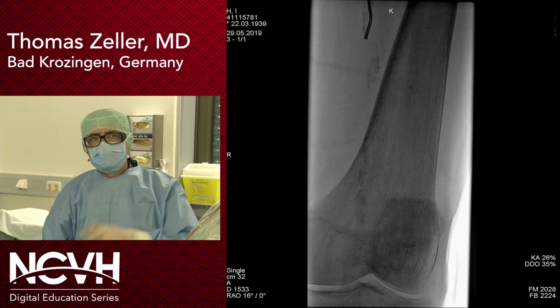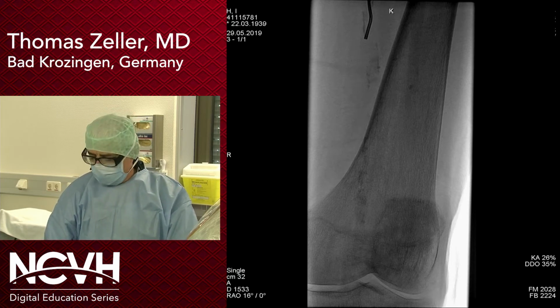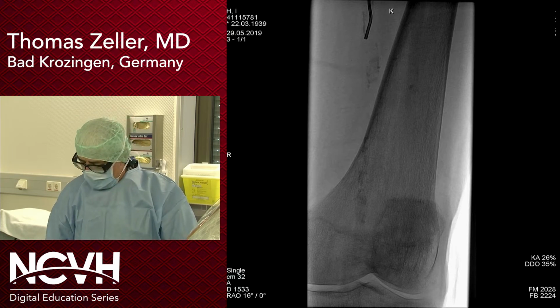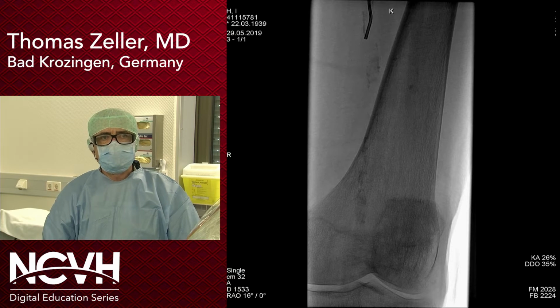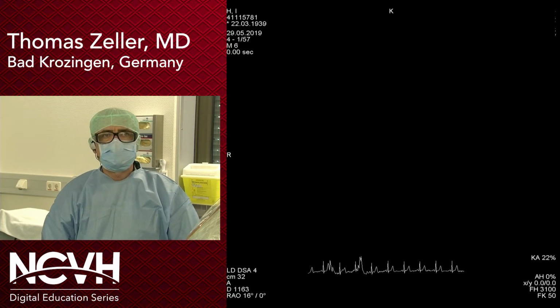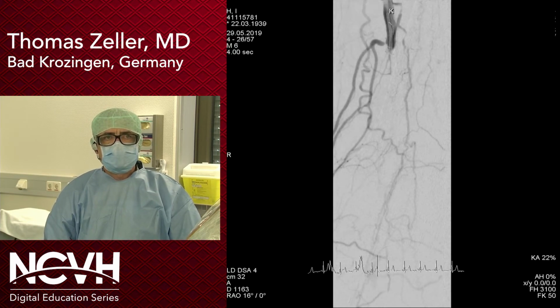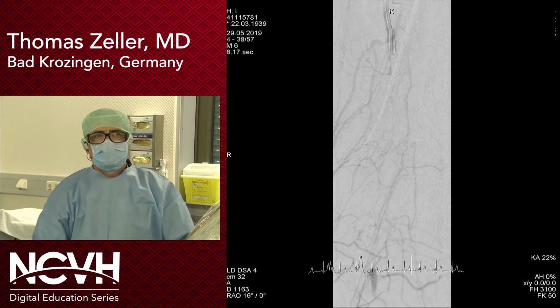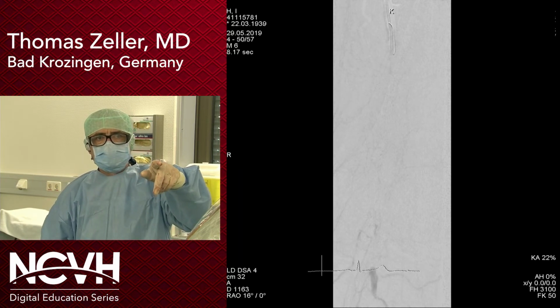So what you see now here, this is a 5-French diagnostic catheter. It's a vertebral configuration. And you can nicely see the calcium in the popliteal segment inside the occlusive segment. Then this is again the angiogram. Now the attempt to cross the lesion. Now you see the reconstitution of the mid part of the popliteal.